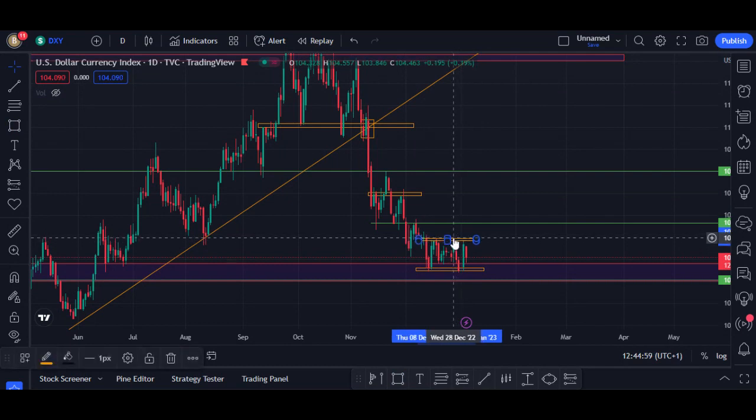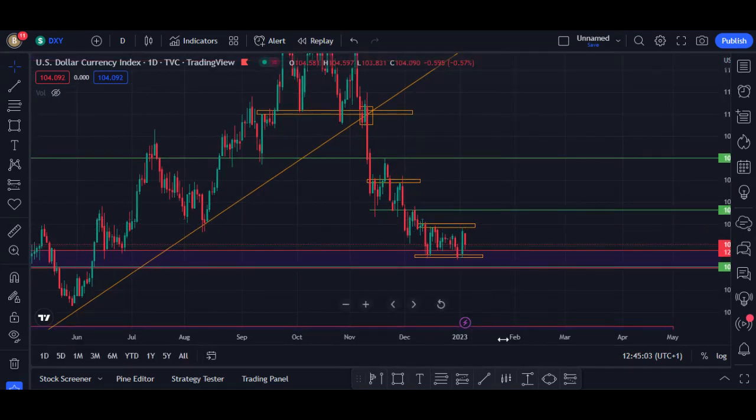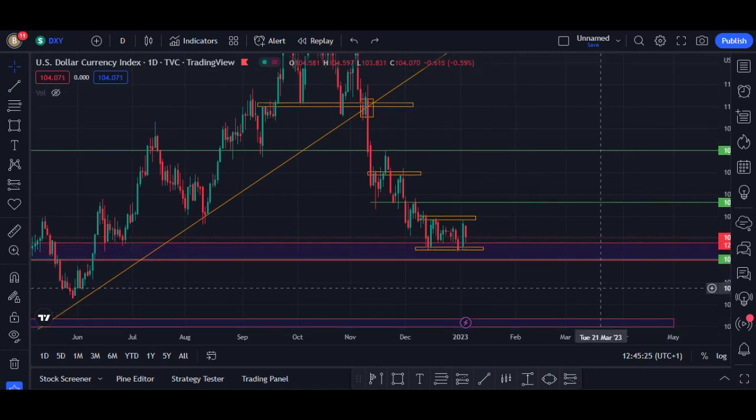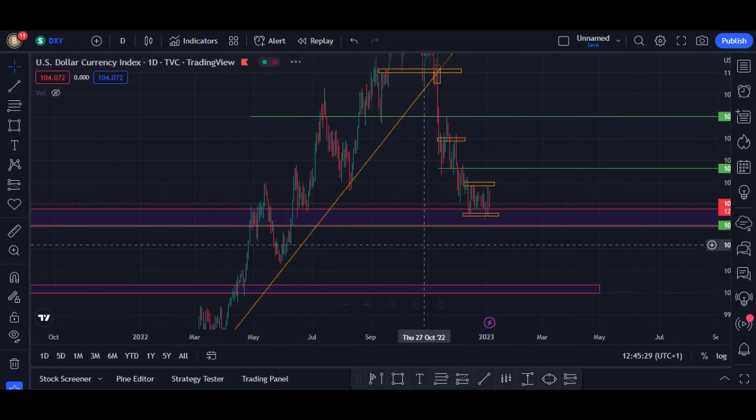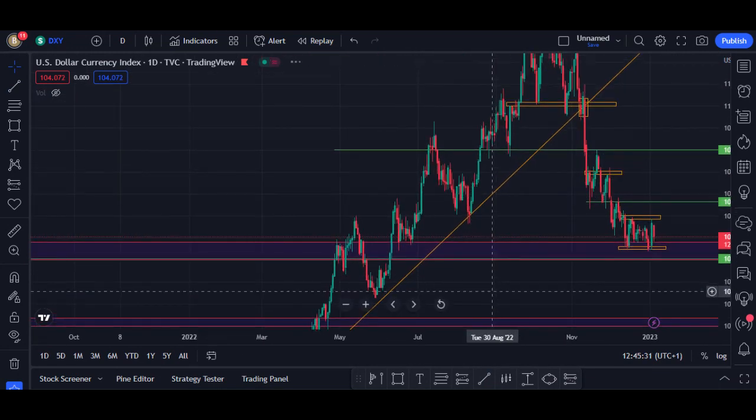So what this simply means is, if price should break below this supply zone, this demand zone, it means the bears are still in control of this market, right? If price should do something like this, break beneath that zone, probably price will want to come and test this other zone here, this other pink zone.